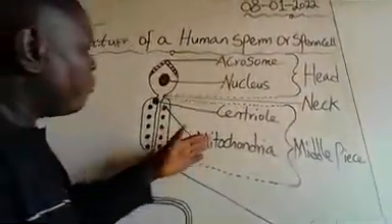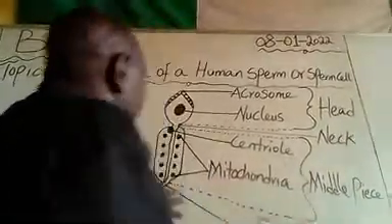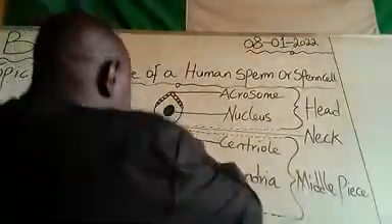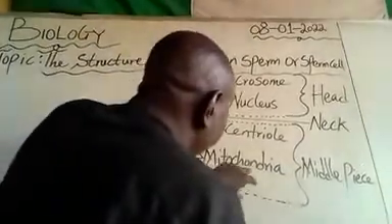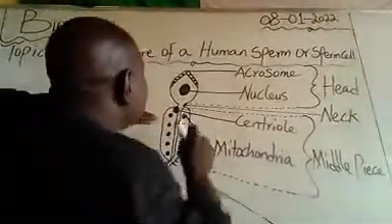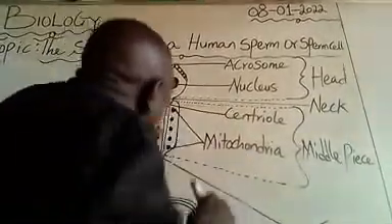Look at the middle piece. In the middle piece, we have mitochondria. This is a region where energy is generated by the mitochondria. This region will make the sperm to swim very well.